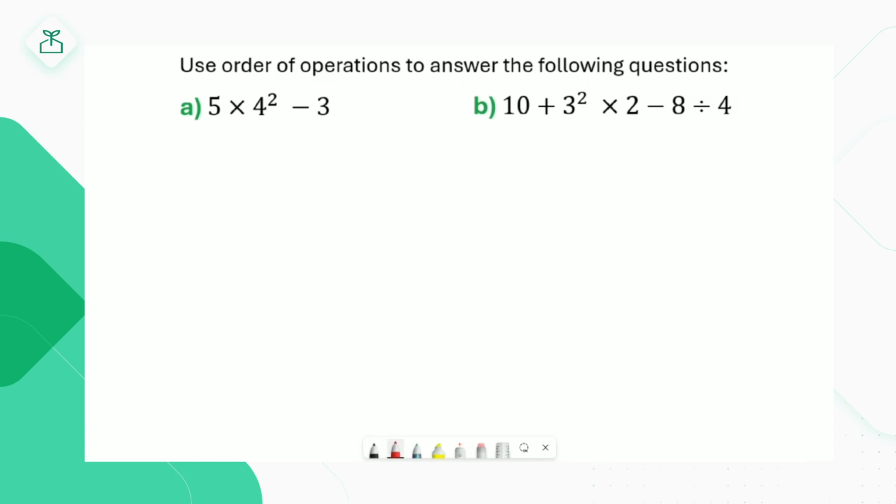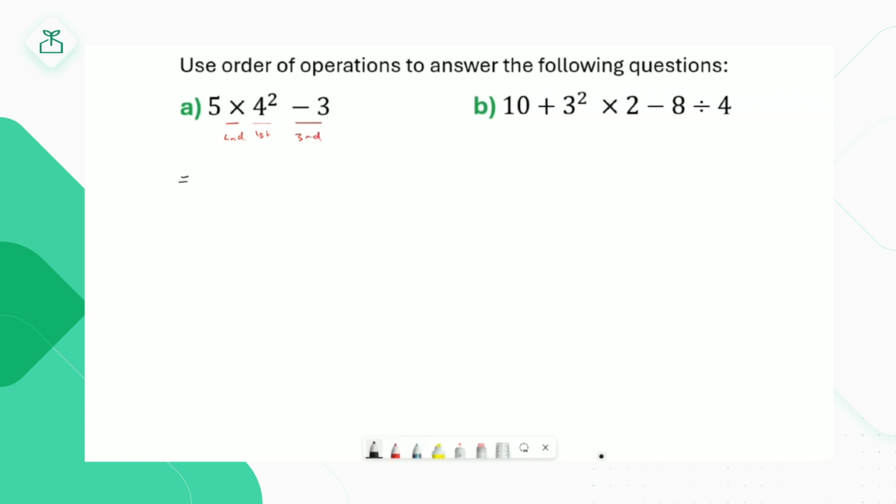Alright, let's get started and work out what our order of operations should be. Now obviously this is a power, so this is going to go first, and multiplication will go second, and our subtraction will go third. Right.